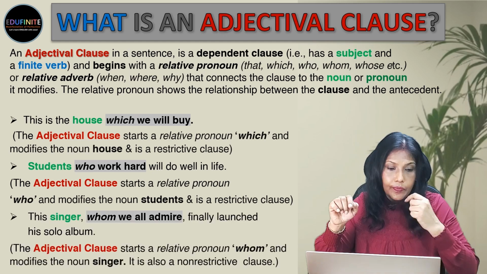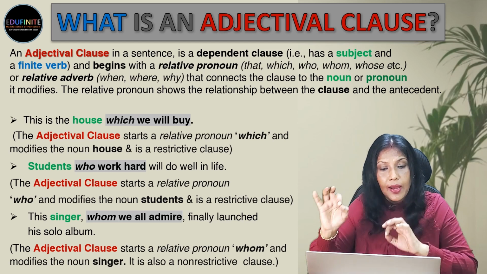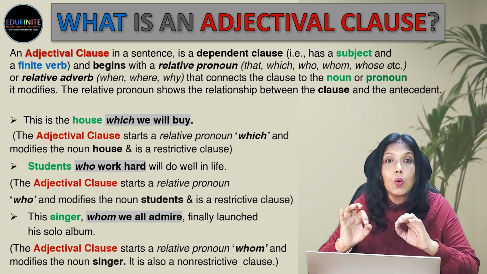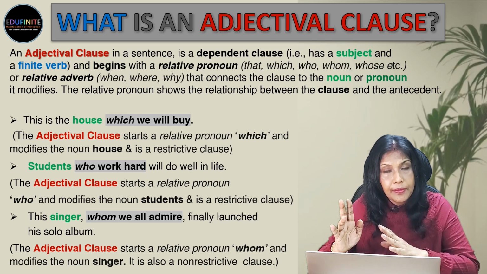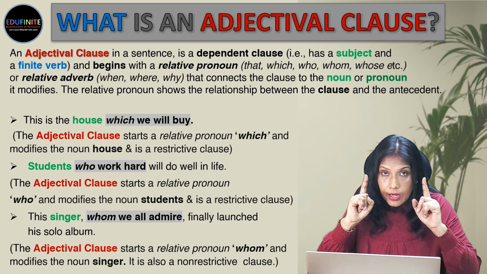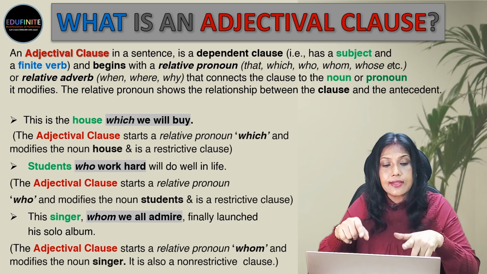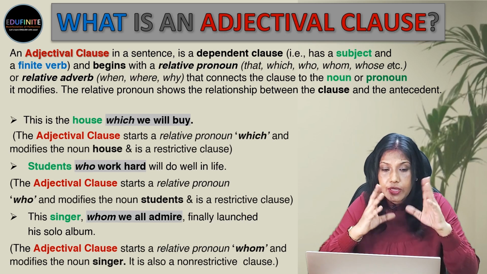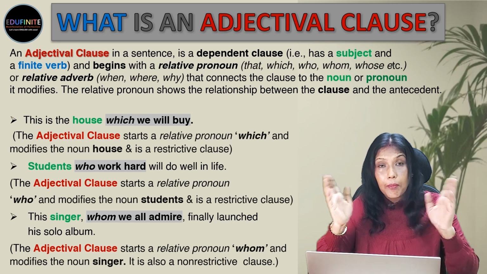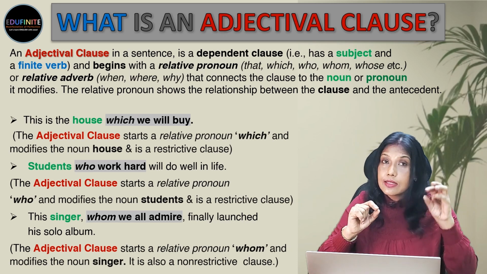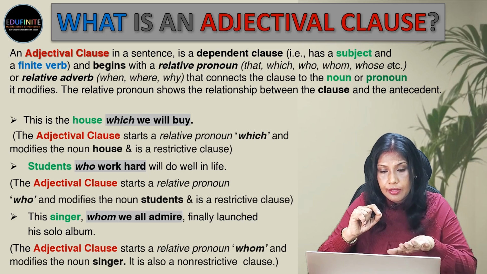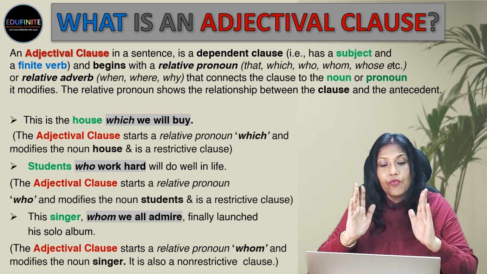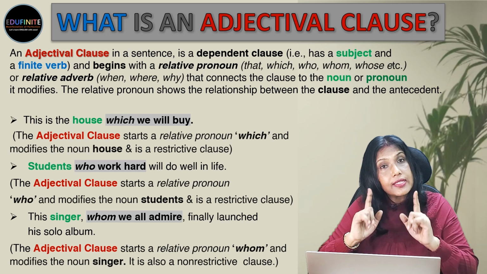The next one. This singer whom we all admire finally launched his solo album. In this sentence, whom we all admire is the adjectival clause which tells us about the singer. Which singer? Whom we all admire. But if we leave out whom we all admire, it will still make sense.